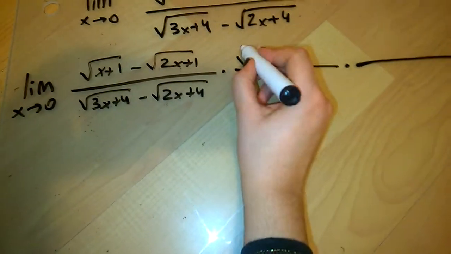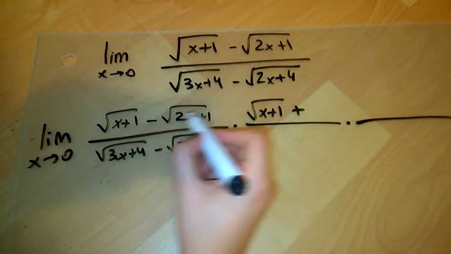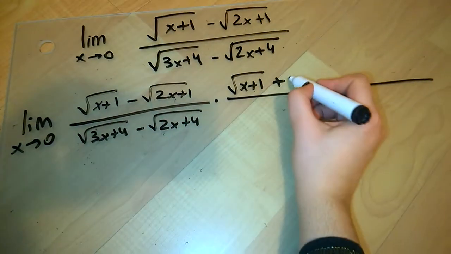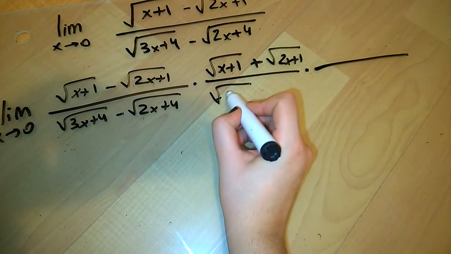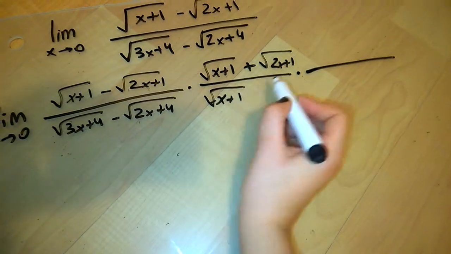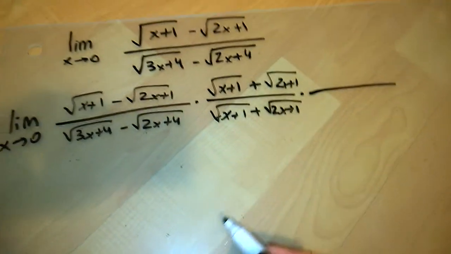So we will have the square root of x plus 1 plus, see the difference in signs, plus the square root of 2x plus 1. And since we are multiplying by 1, we want the same term on the bottom.